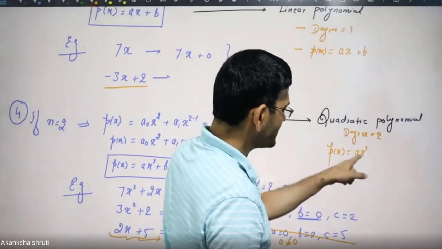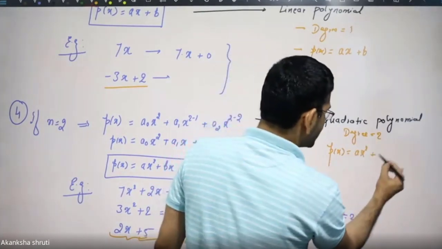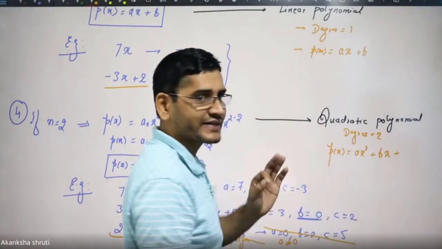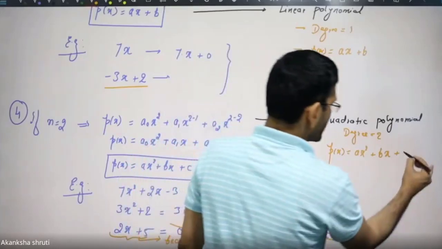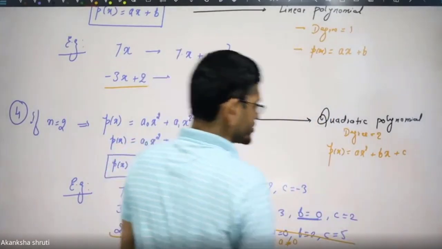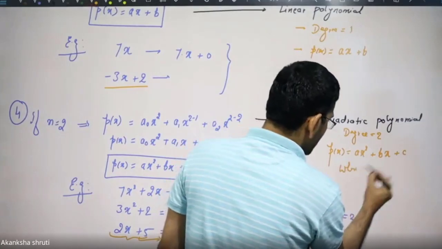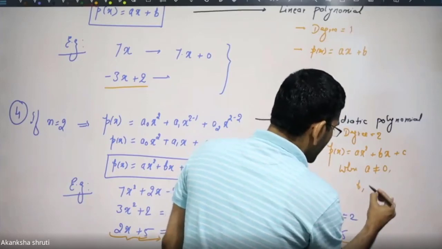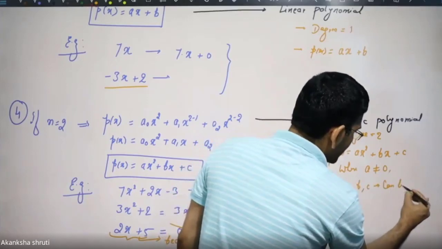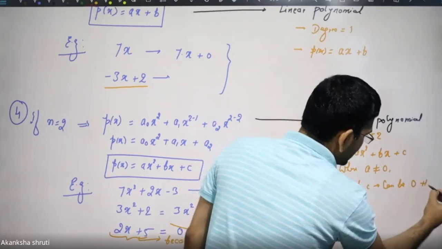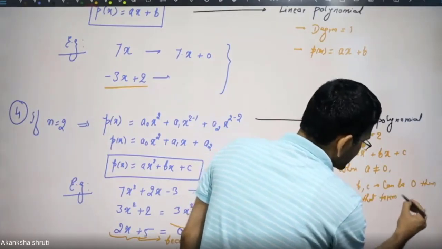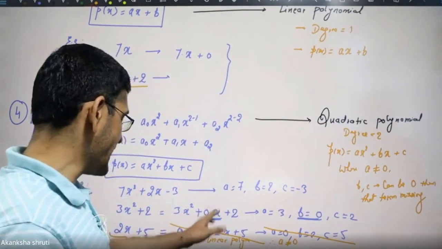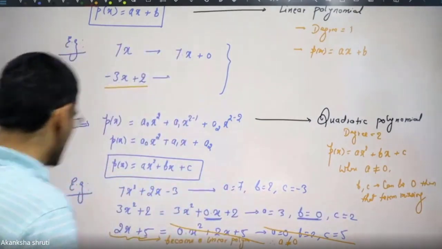See, degree 2 means x has the highest power 2. Write the other terms with lower power of x; the power of x can be 0, but it cannot be negative. C is acting as the constant term, where A cannot be 0, B and C can be 0, then that term is missing. It means the coefficient of the missing x term is taken as 0, as I had explained in this second question.